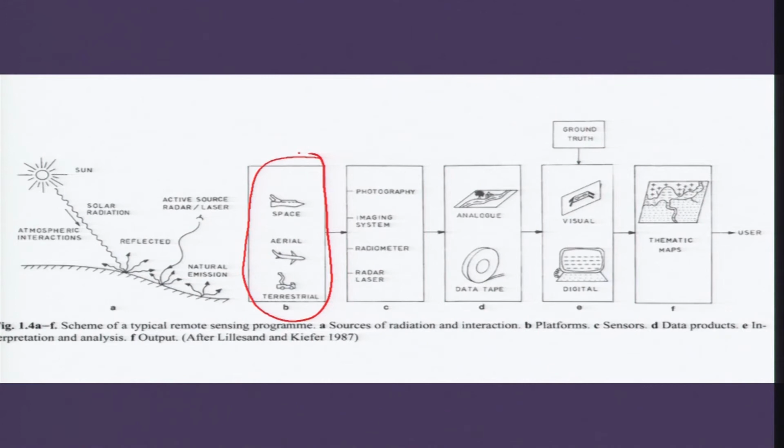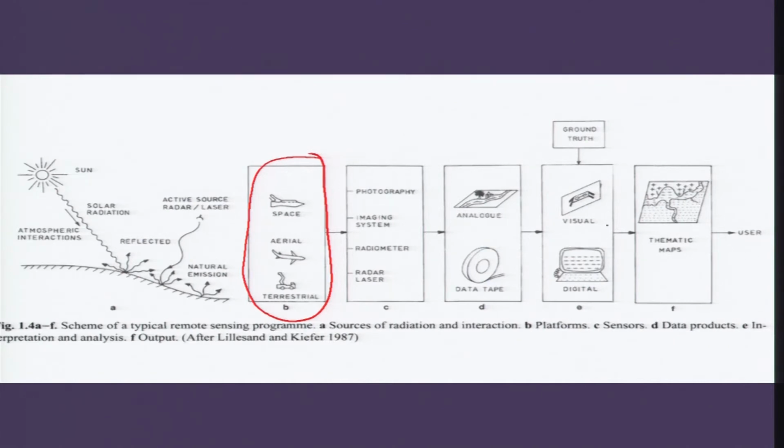Then what type of data we need, either in the form of photographs or in the form of digital data. Either we can store this on data tapes, which were used earlier, or in analog form, typical paper print photographs we are looking at.